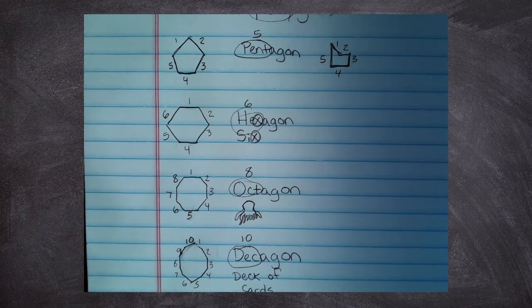Again, the important thing is the number of sides. And that works for all of these, not just the pentagon. Any shape that has 6 sides and no openings is still a hexagon.